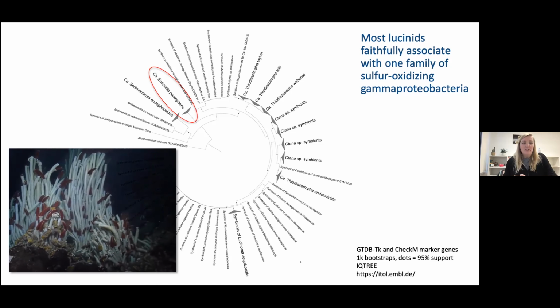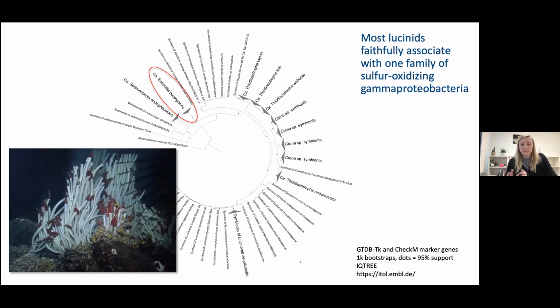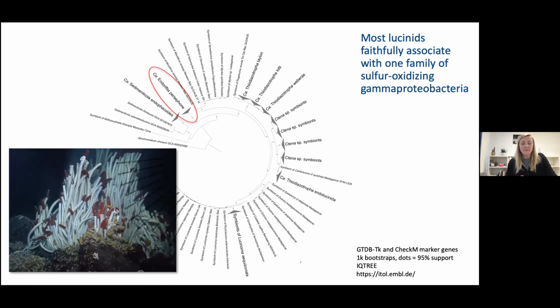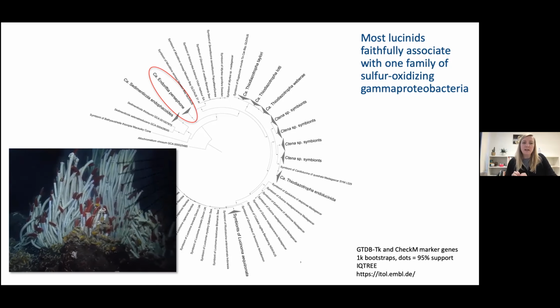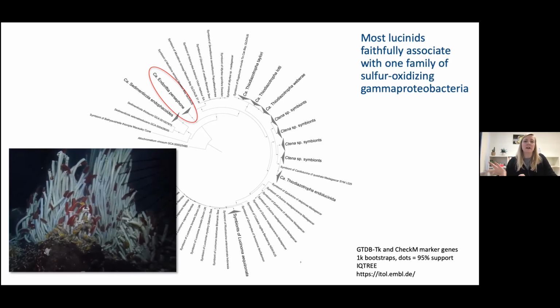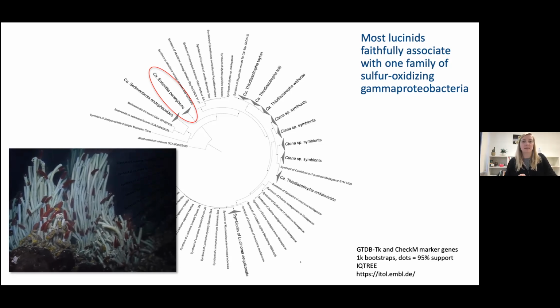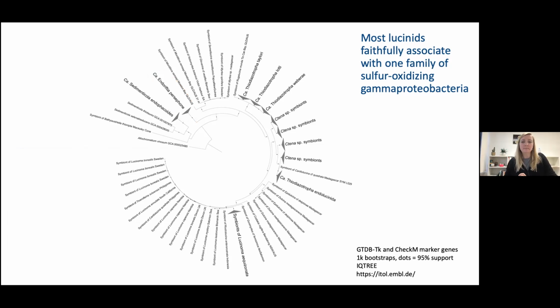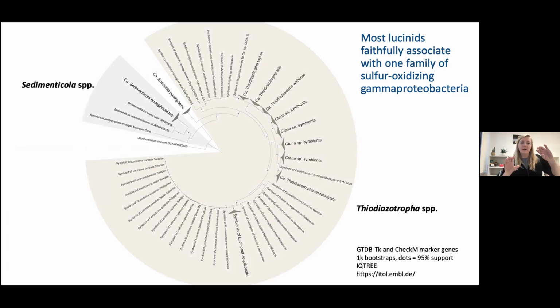By now, we've identified many tens of different species level groups of symbionts. So although they all belong to the same family, they have also diversified into many different genotypes of symbionts. This diversity of symbionts clusters into two different genera.